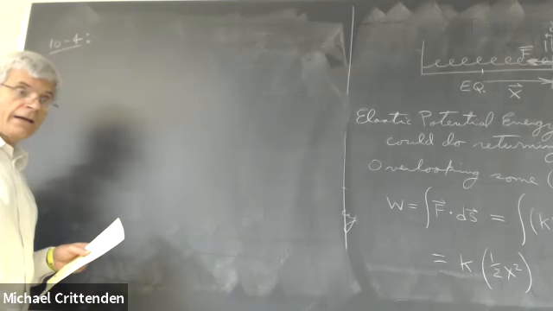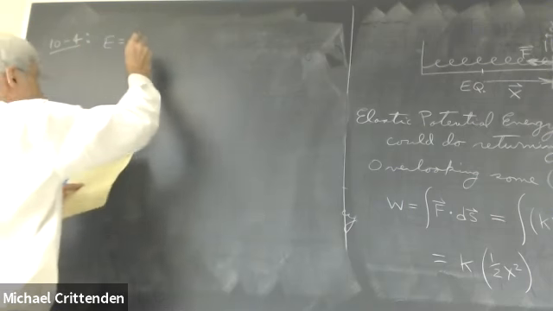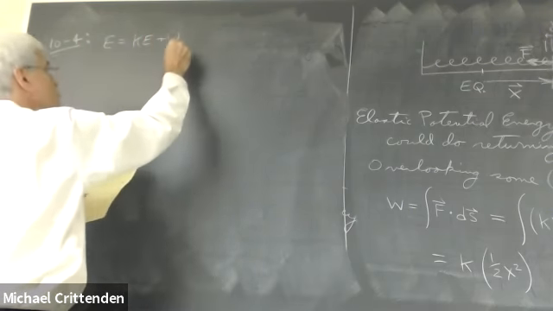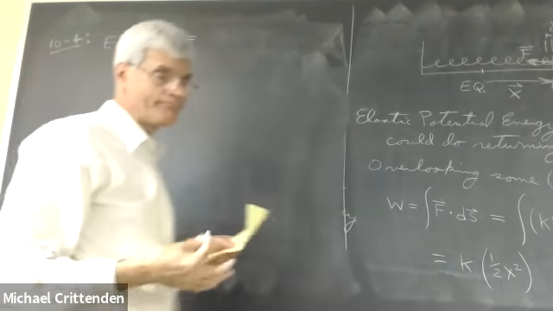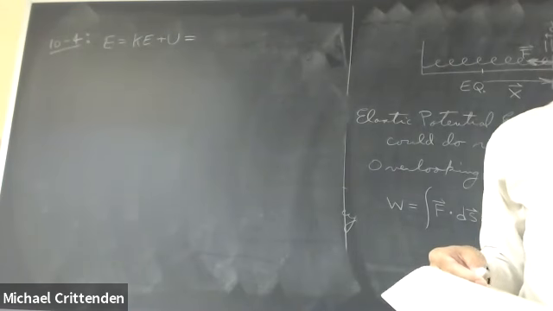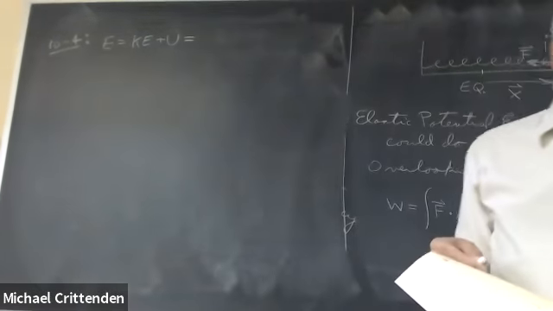So total mechanical energy means kinetic energy plus potential energy. Kinetic energy is 1/2 mv squared. There's no rotation going on to complicate that.